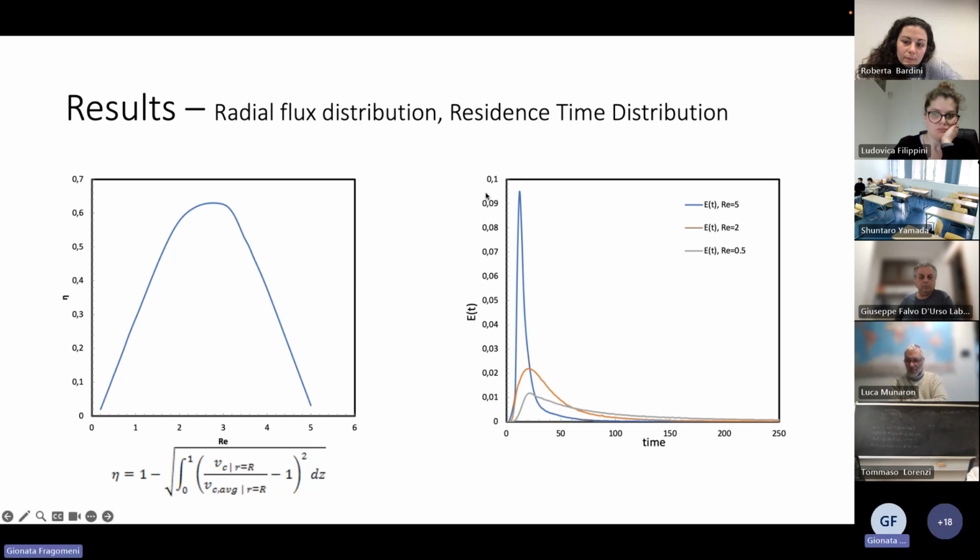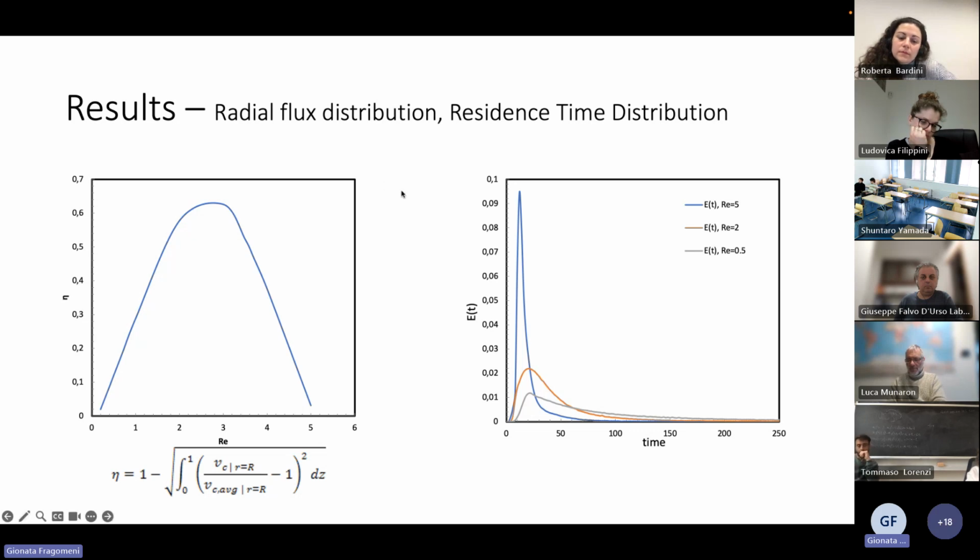We have plotted also this kind of result. On the left, you can see the effects of the Reynolds number on the model predictions and on the fluid dynamics of the bioreactors.